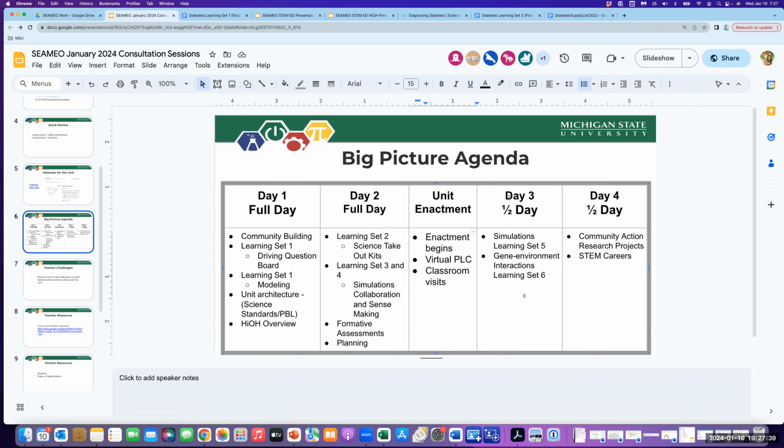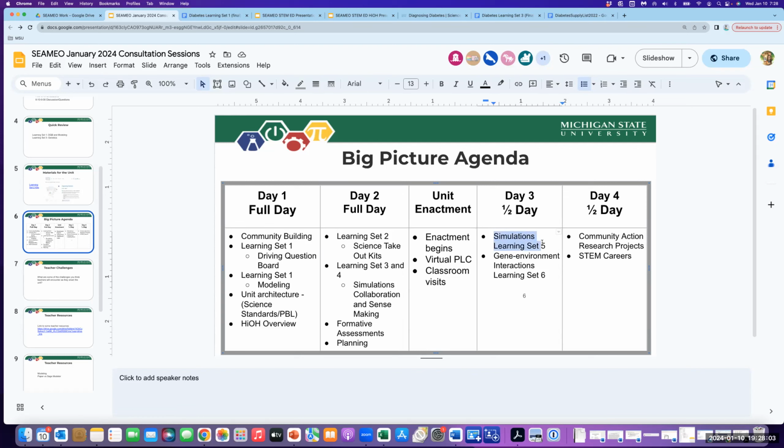We typically have a day 3, so after teachers have begun the unit, about 3 weeks later, which is typically a half day. So it's after school, the teachers stay. I'm not exactly sure how you have professional learning set up for your teachers.